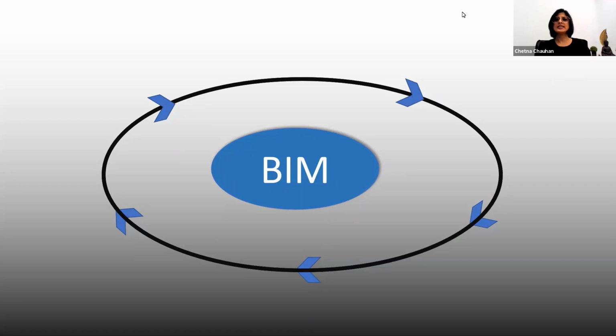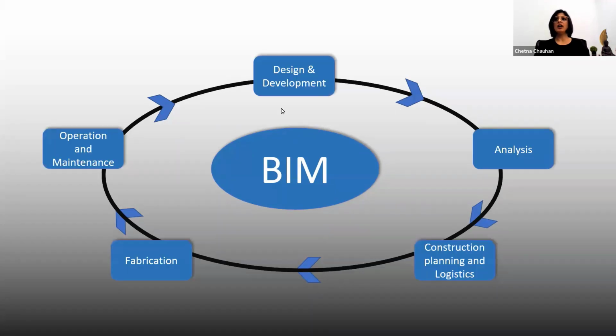We are architects, so let's start from design and development. When we gather requirements from our clients, or let's say in a university assignment, our teachers give us requirements. So collecting the requirements, then doing the analysis on it.